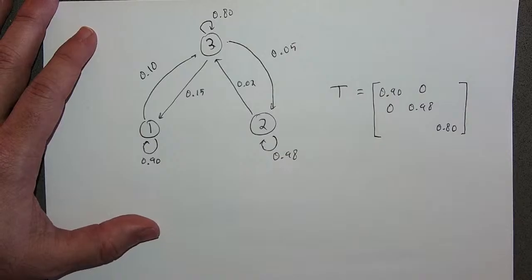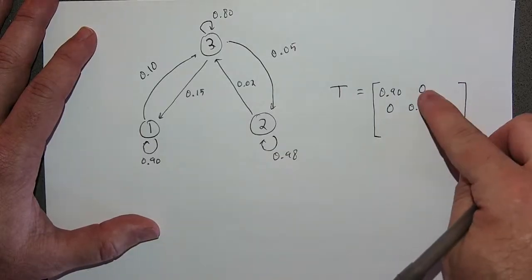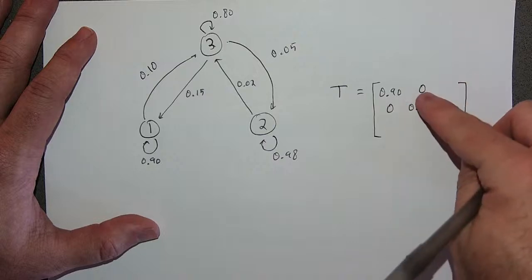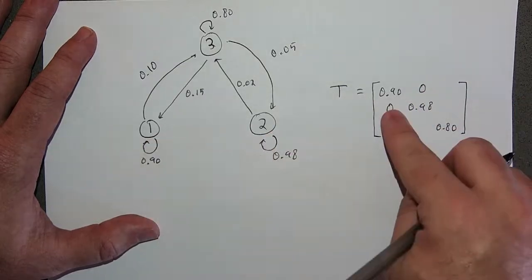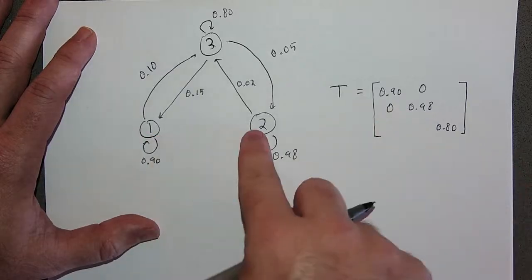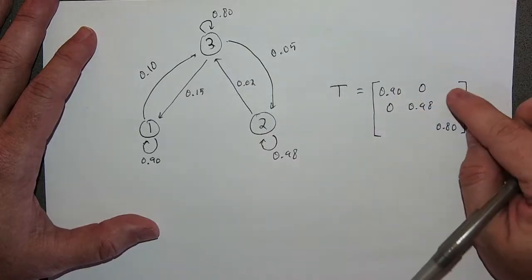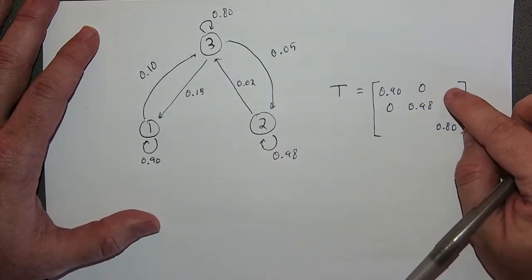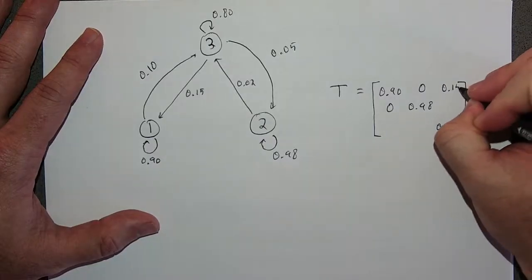I read those backwards. So this is the T12 entry, so this is from 2 to 1. This is the T21 entry, so this is from 1 to 2. That's 0. From 2 to 1, that's also 0. Here, this is T13, so this is from 3 to 1, so that's 0.15.